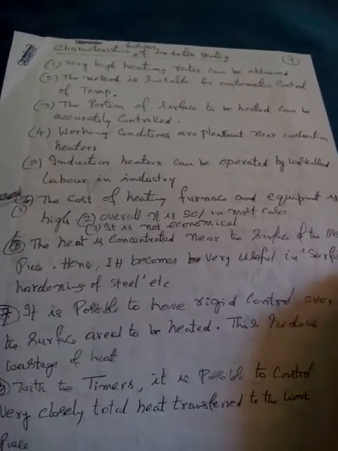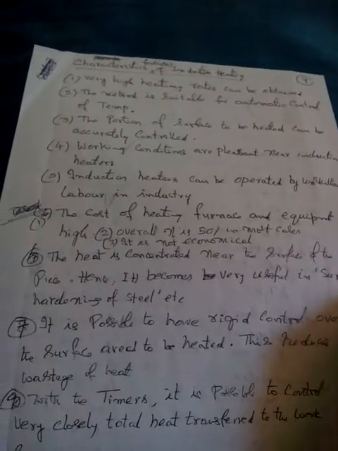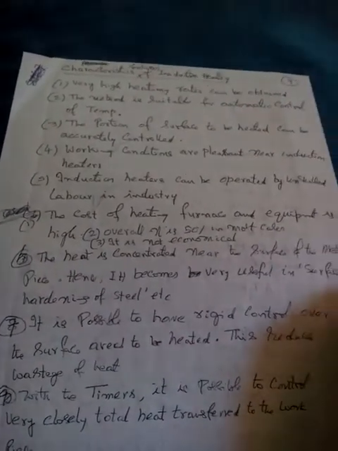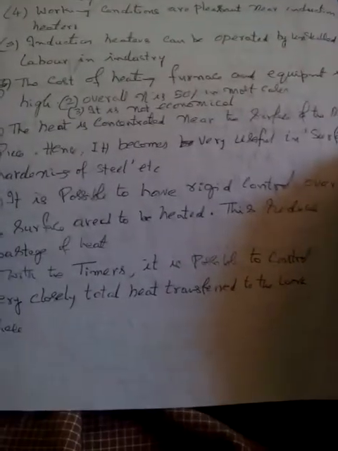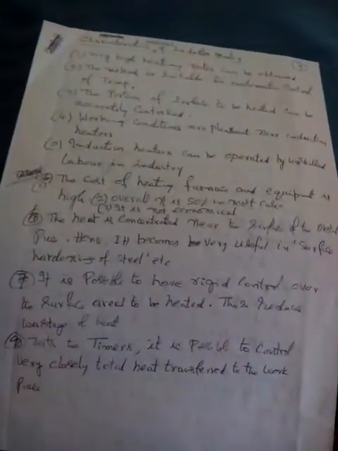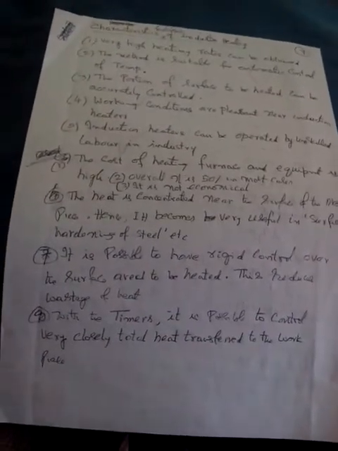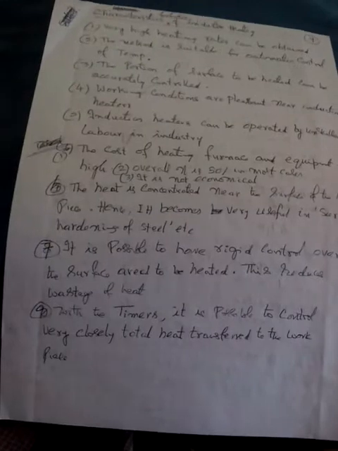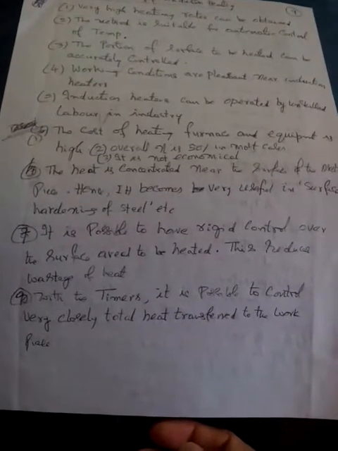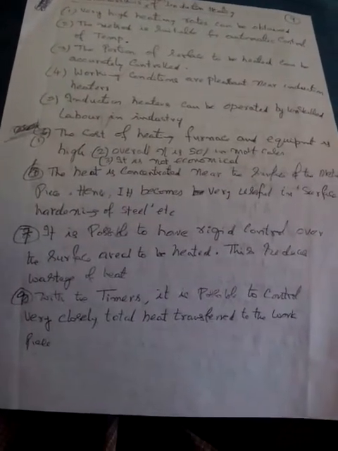This reduces wastage of heat. Number nine, with timers, it is possible to control very closely the total heat transferred to the workpiece. That's how induction heating can be effectively implemented using a timer.